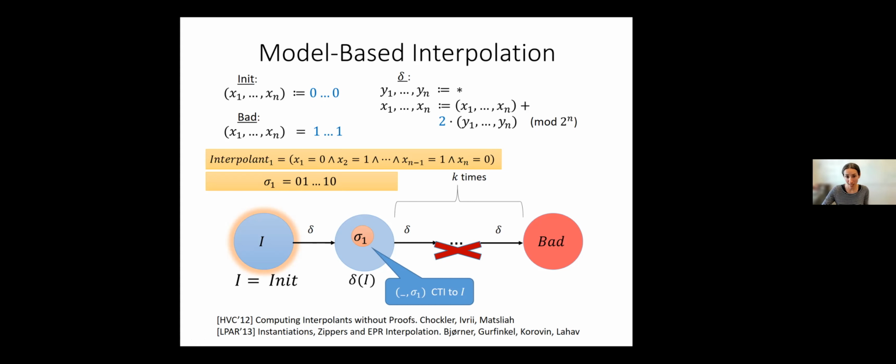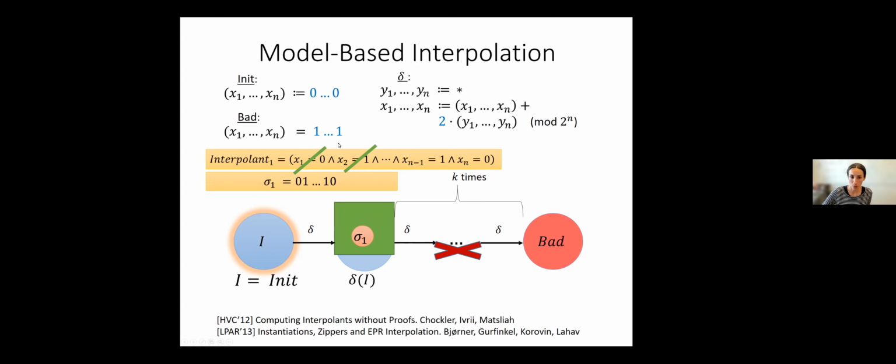The way we generalize is by trying to drop literals as long as this bounded model checking query remains unsat. For example, we can try to drop the literal x1 equals 0. If we do that, from the cube that remains, it is still impossible to reach a bad state in k steps. It doesn't matter what k is in this specific case. So we drop the literal and we are happy.